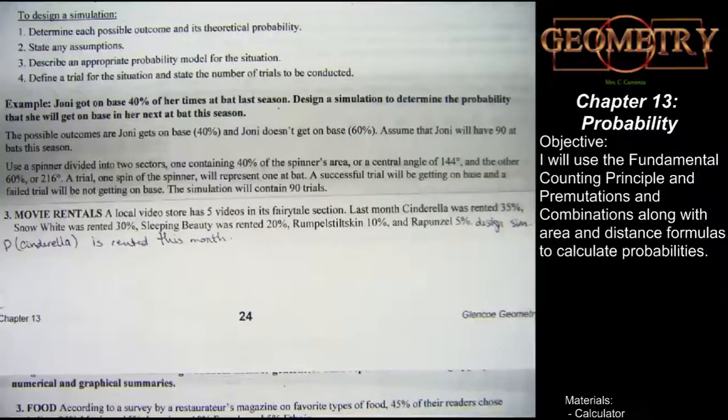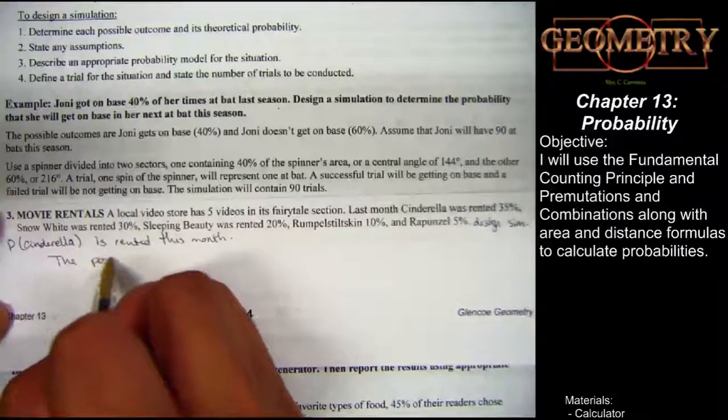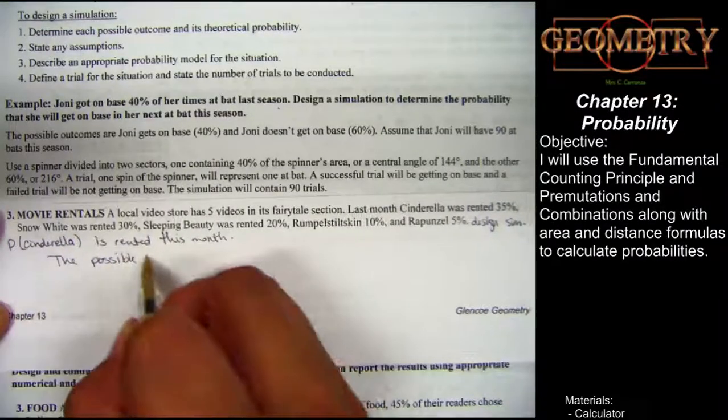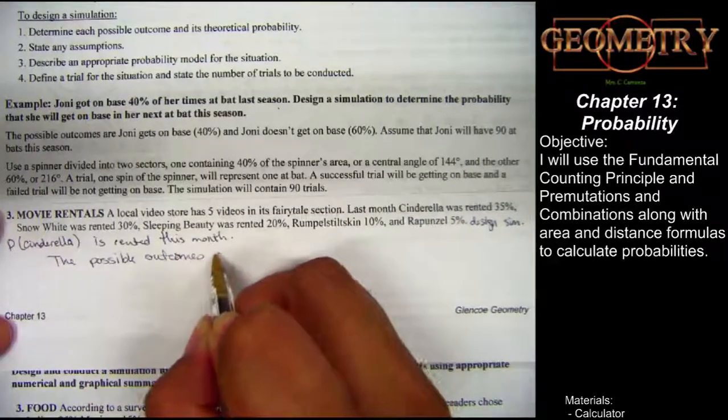What are our possible outcomes? Well, if we're concerned that Cinderella is rented, our possible outcomes are Cinderella's rented or Cinderella's not rented, right? So those are our two outcomes. All right, so the possible outcomes are, and for your answers, you'll need to write all of this down.